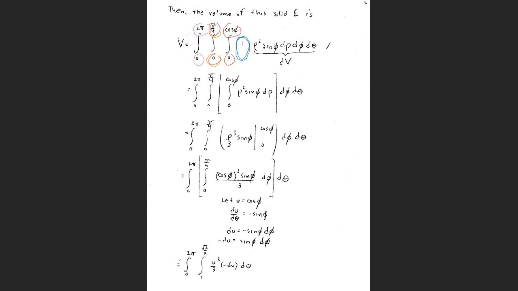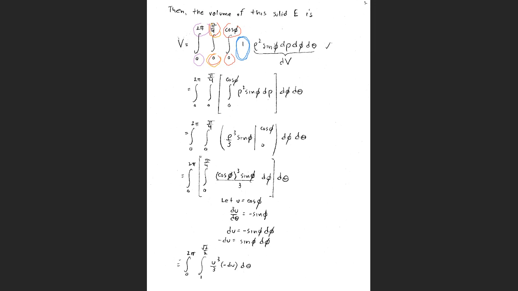So half the battle in these problems from sections 12.7 and 12.8 is finding your correct limits. But once you've found them, and you've decided what the easiest coordinate system to integrate with is, then you'll be good.